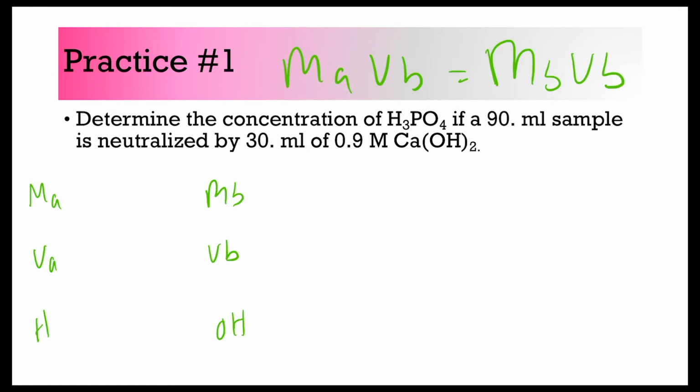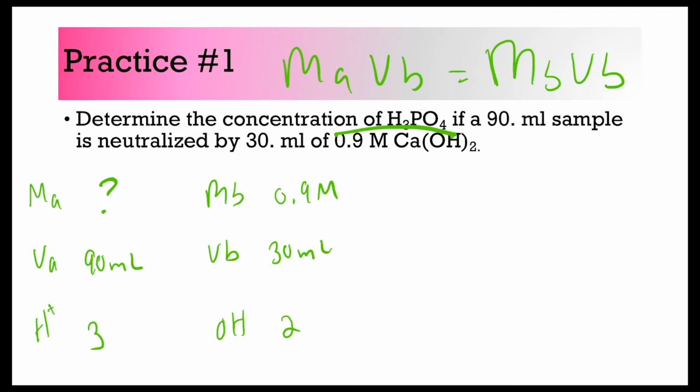Determine the concentration of this, this is your acid, so we're looking for M. We know we have 90 milliliters of it, and in H3PO4 you have 3 H pluses. Looking at the remaining part of the question, we have 30 mils of a 0.9 molar solution of CaOH2, calcium hydroxide.